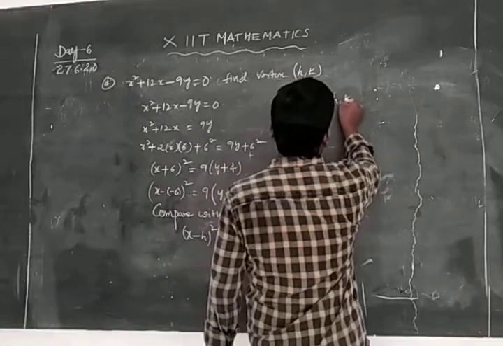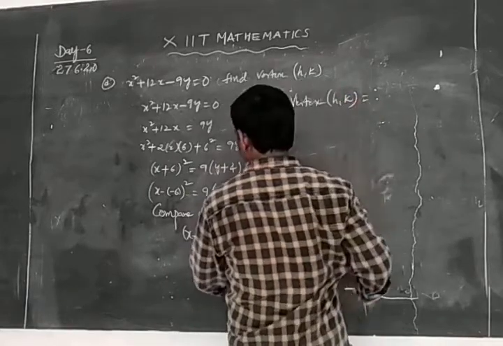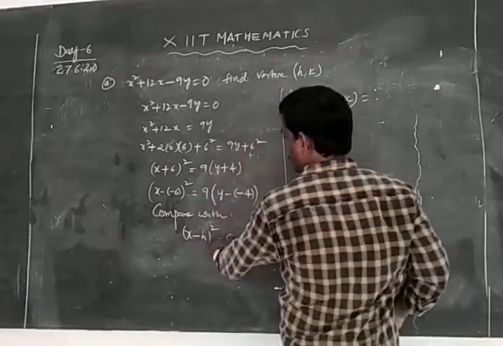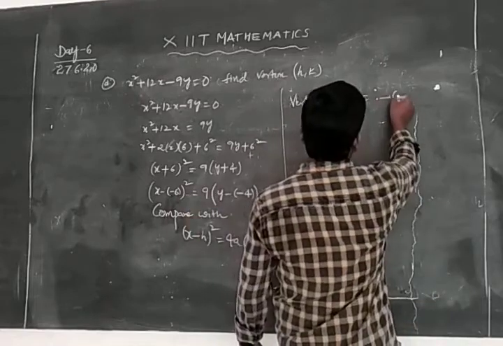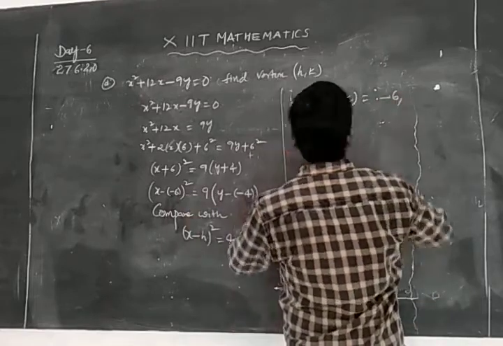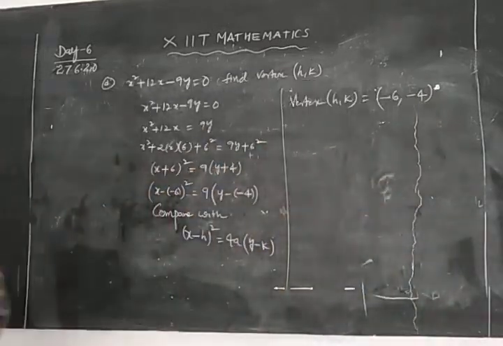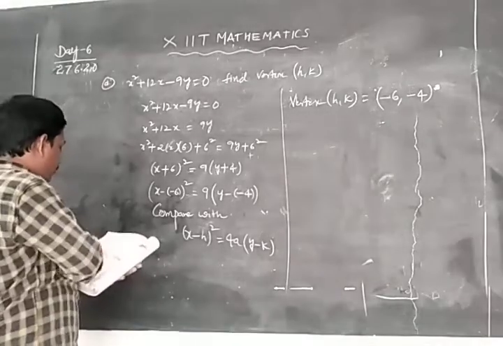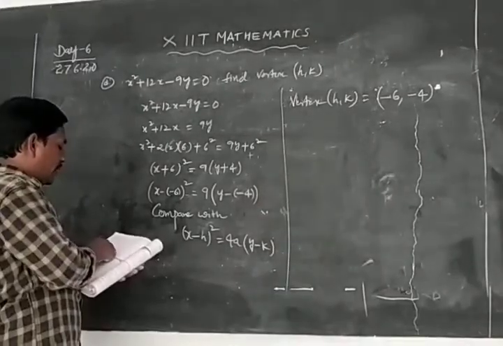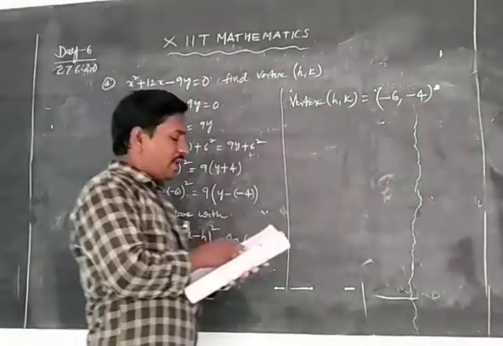Now vertex h comma k equal to, what is the h value? Minus 6. What is the k value? Minus 4. Okay, for D we have to match to the P, minus 6 comma minus 4.